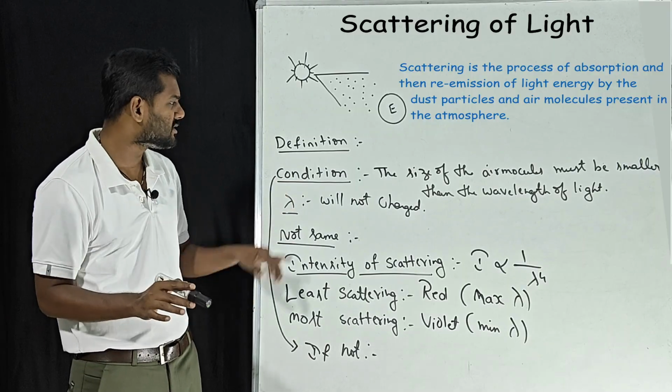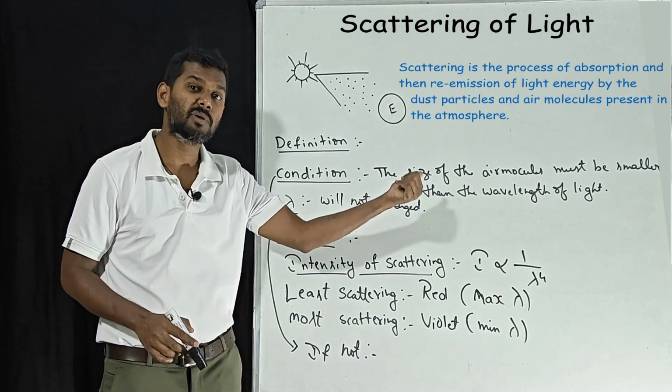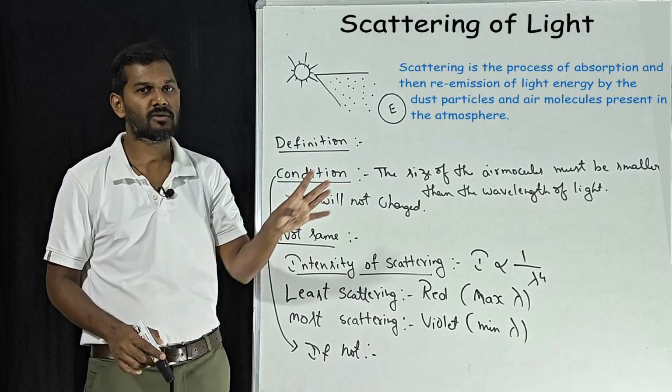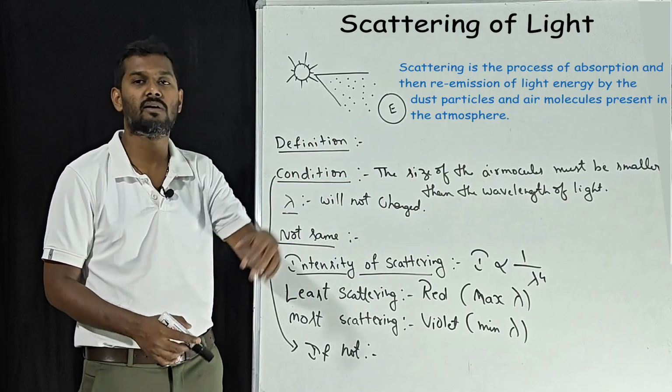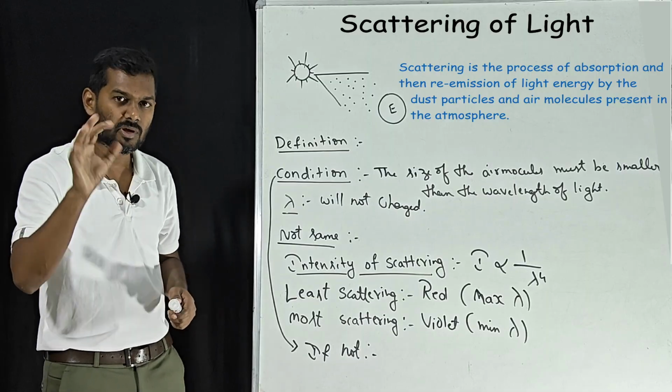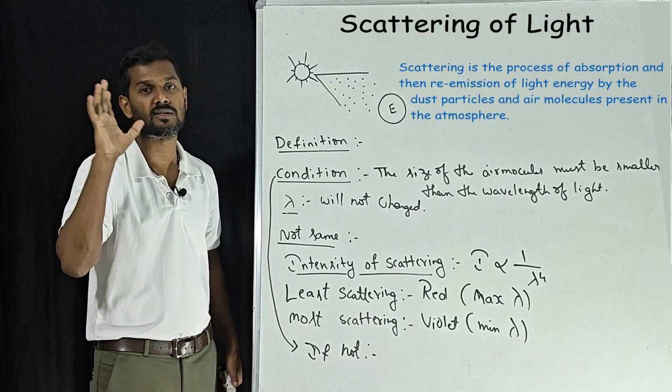That's it. And what if not? We have learnt a condition for scattering, correct? What is that? The size of the air molecules must be smaller than the wavelength of light. What if the size of the air molecules is bigger than the wavelength of light? Very simple, all the colors of light will scatter to the same extent.